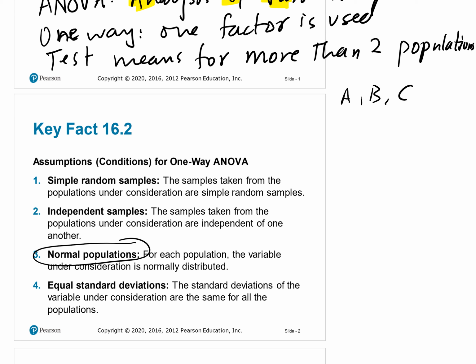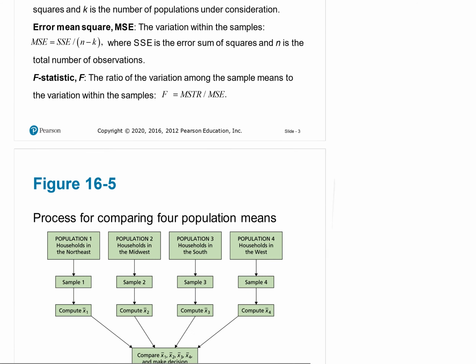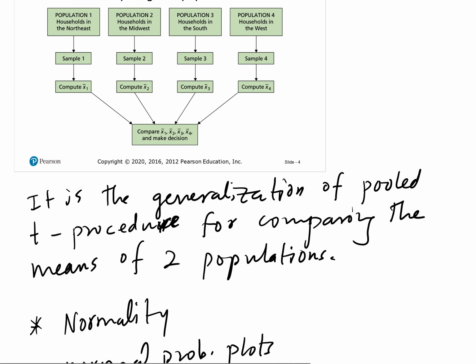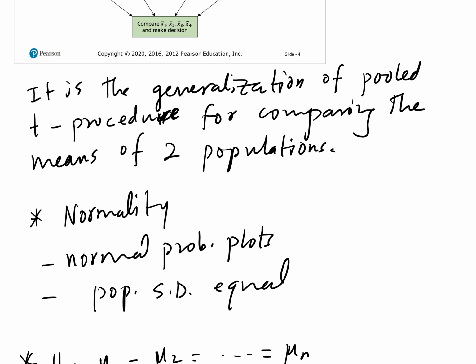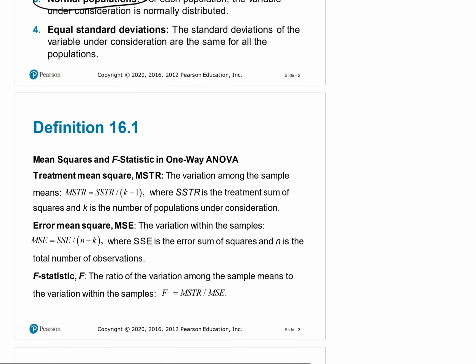For the normality condition, which I wrote down there, one way to check is to use the normal probability plots as we did in the previous sections, or make sure the population standard deviations are equal. That is not required for the homework, but at least have an idea about what normality means.